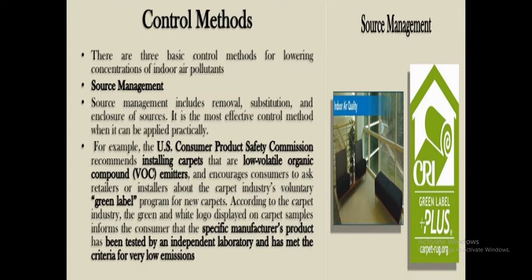According to the carpet industry, the green and white logo displayed on a carpet sample informs the consumer that the specific manufactured product has been tested by an independent laboratory and has met the criteria for very low emission, that is, a green environment. Are you clear or not? Okay, this is one of the control methods.